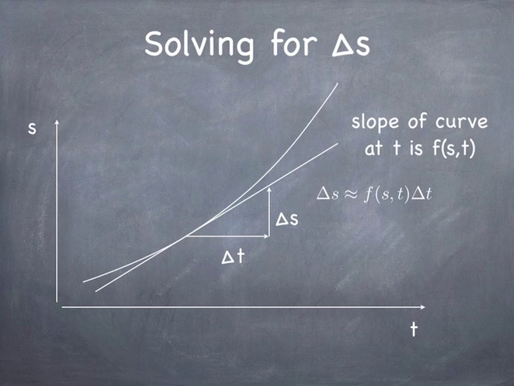So we're taking the slope of S as a function of time now, and we're assuming that the slope doesn't change very much as long as we take a small change in time. And obviously, you can see from the picture that that's going to introduce some amount of error. But if delta t is small, and if the slope of S is relatively constant over the small time interval, then it could be a good approximation.